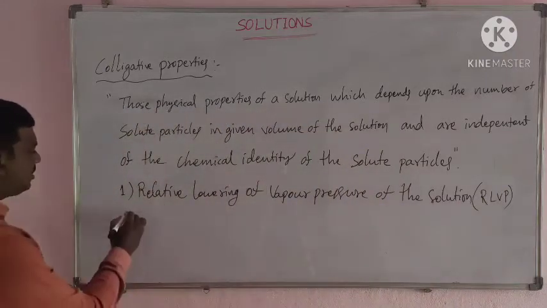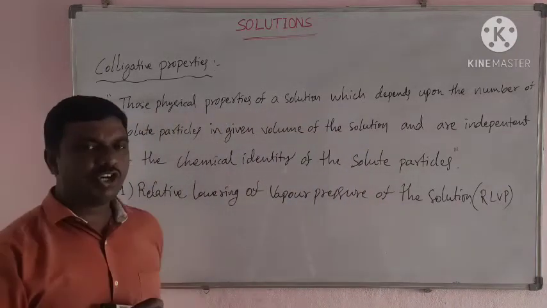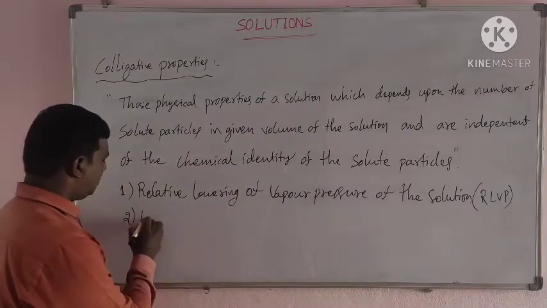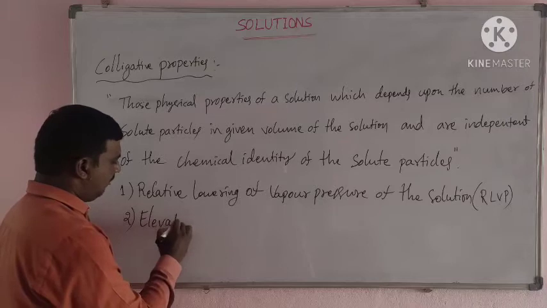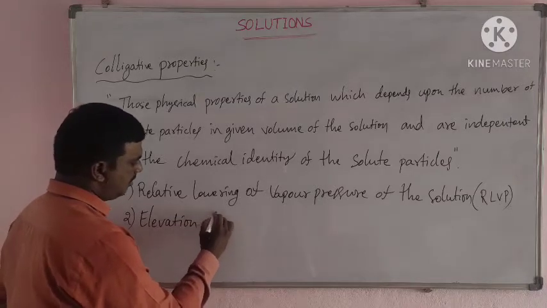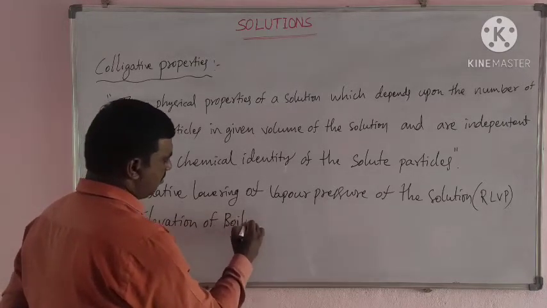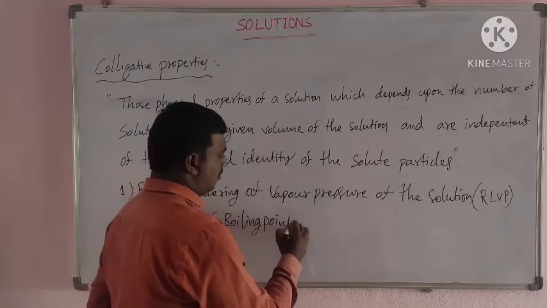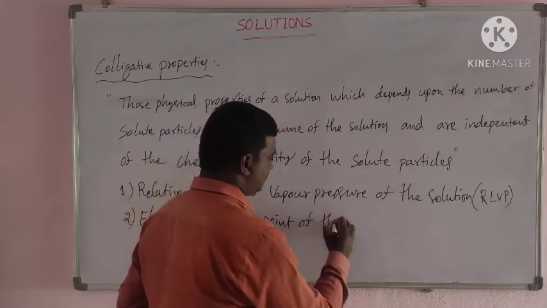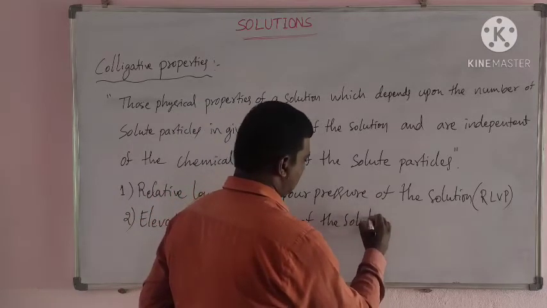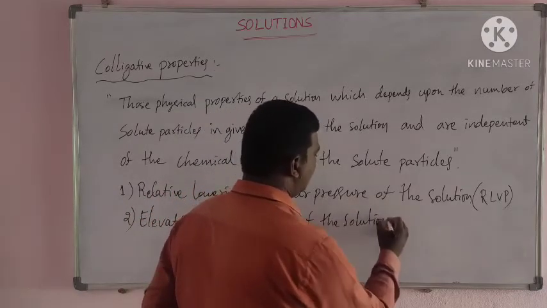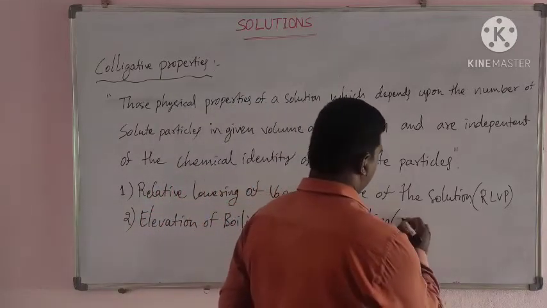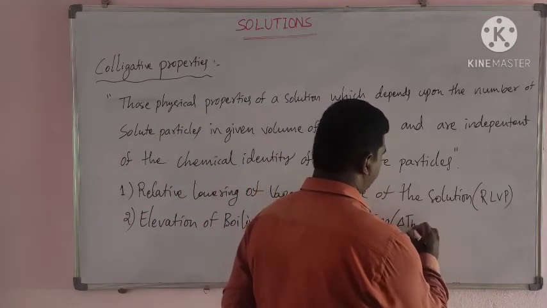And the second one is elevation of boiling point of the solution. It is indicated as delta TB.